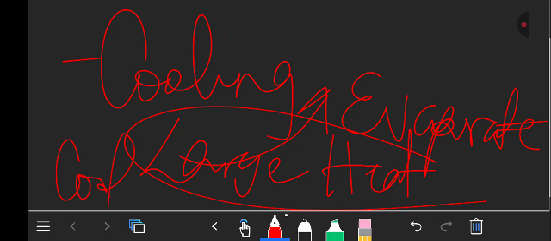So that is how high latent heat of vaporization helps keep your body cool.